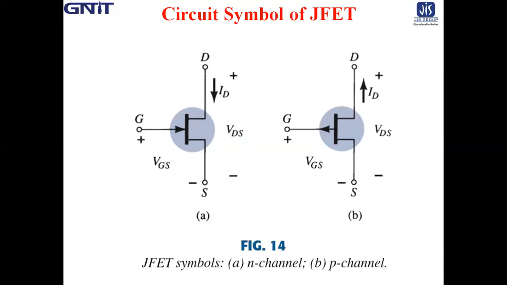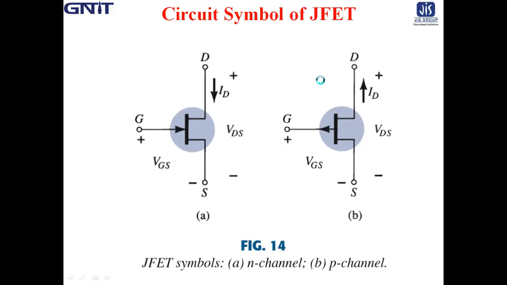Okay. So in case of N channel JFET, the drain current is in that direction from drain to source, but in P channel JFET, the drain current is from source to drain. That is like that.